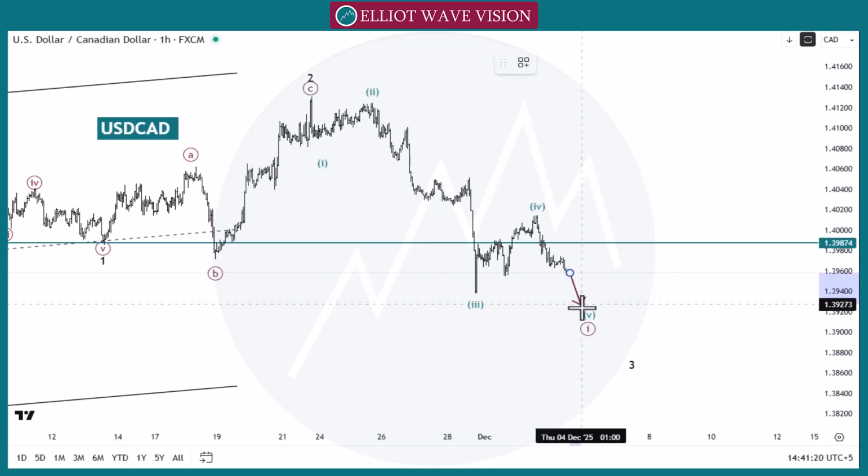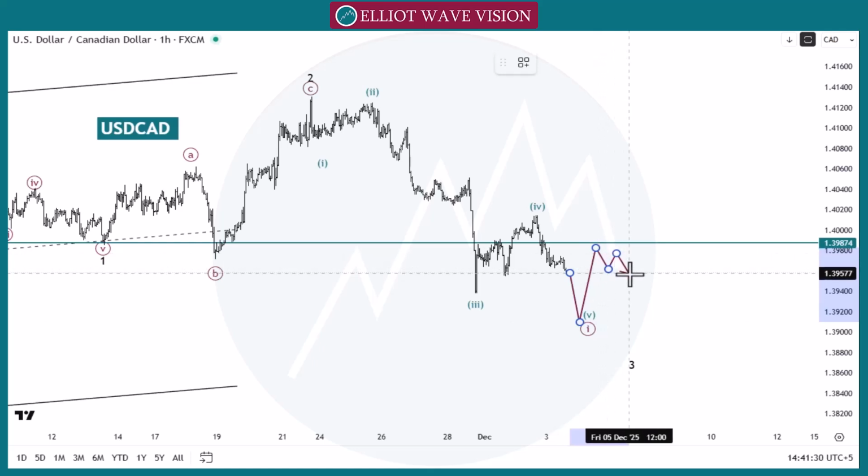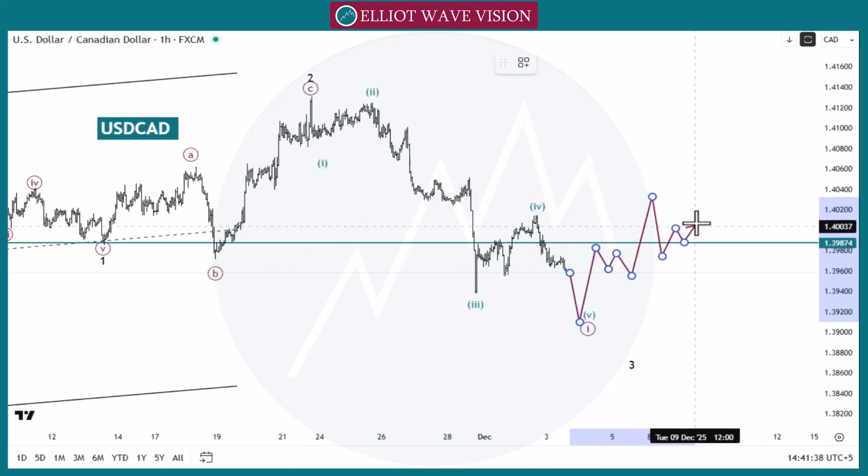If the market goes down towards this 1.39, the round number, then again the market is ready to go towards the correction, like wave A, wave B, wave C. Then after this correction we will enter on the arrival, reaction, first low below level A, B, C.